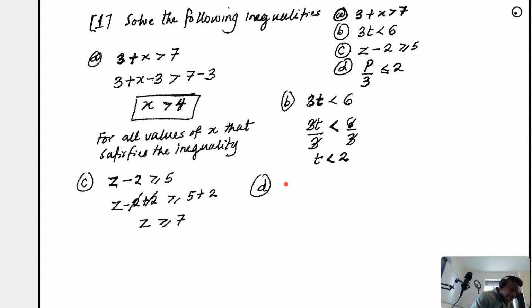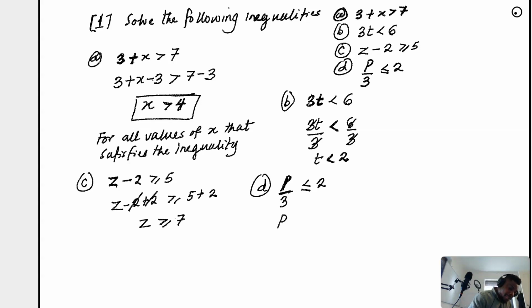D. p divided by 3 is less than or equal to 2. Now, remember that for me to leave only p on the left-hand side, I need to remove this divided by 3. And for me to remove divided by 3, I have to do to both sides the opposite of divided by 3. The opposite of divided by 3 is multiplied by 3. Okay? And this is positive.